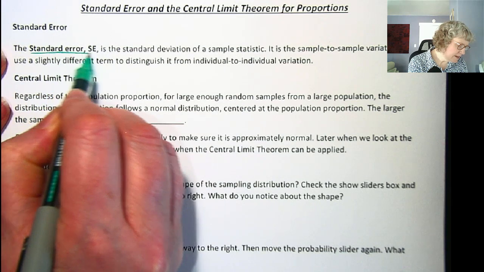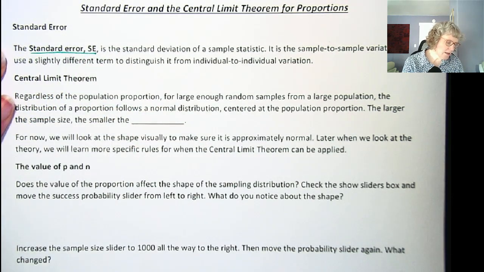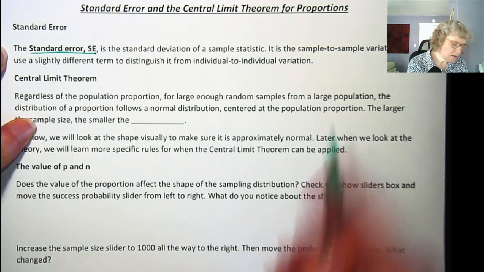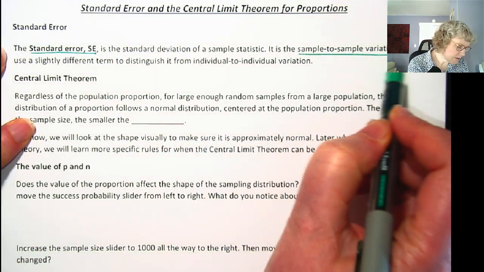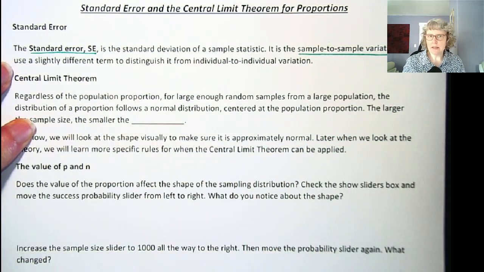It never hurts. A standard error, or SE, is the standard deviation of a sample statistic. So it's the sample-to-sample variation. That's why we use a slightly different term, but it is calculated using the standard deviation formula, just of samples versus of individuals.